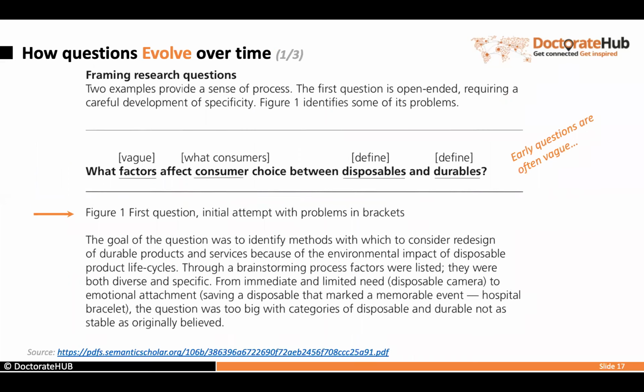This is an example of a very early question, which is: what factors affect consumer choices between disposables and durables? So you can see factors is still a very vague word. Consumers, whom do we really mean here? And disposables and durables clearly need definition.